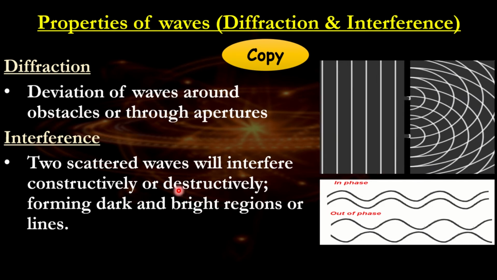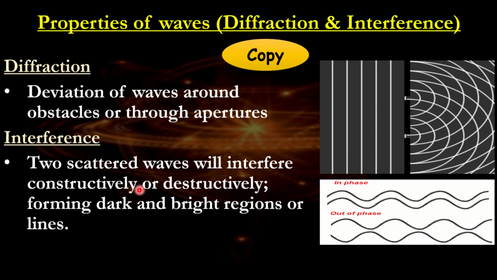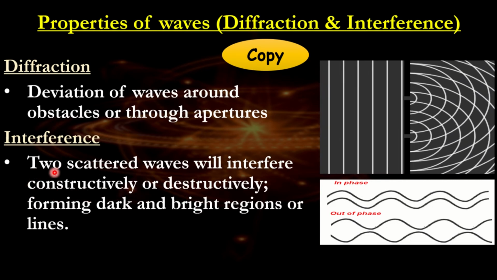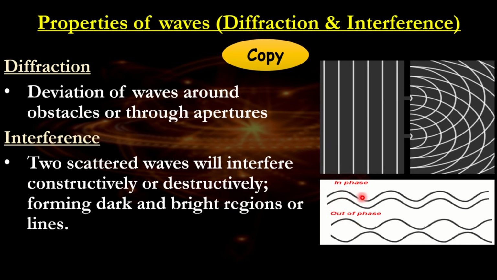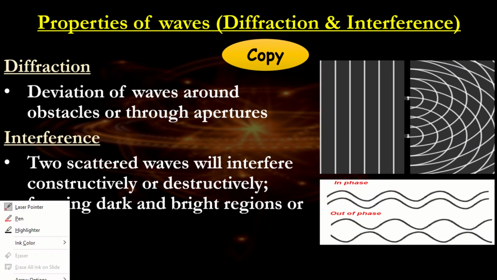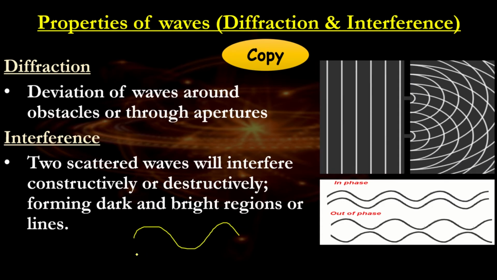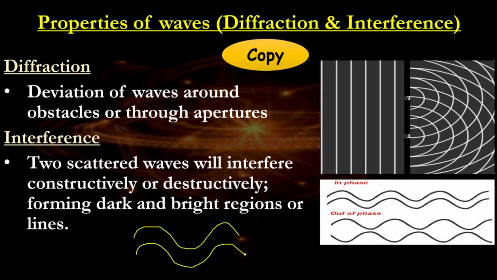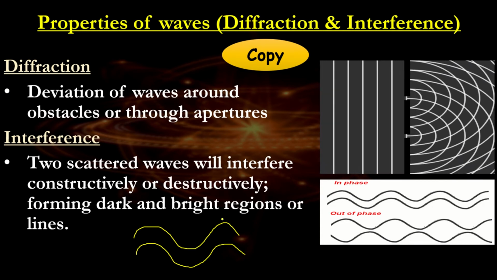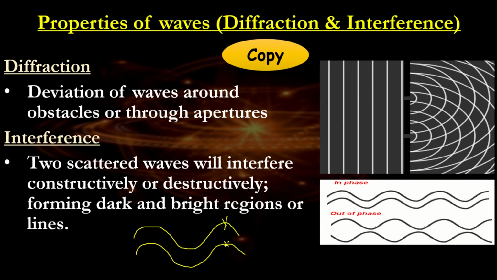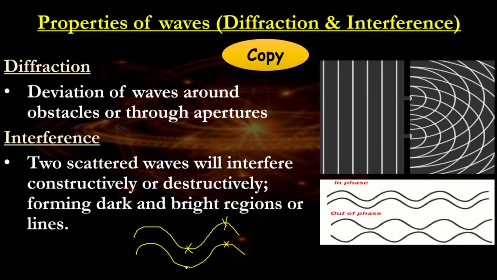Okay, so when something is interfering constructively, this is what we call it, two waves coming in phase of each other. So two waves that are coming along, and they are basically identical in where the peaks are and also where the troughs meet.